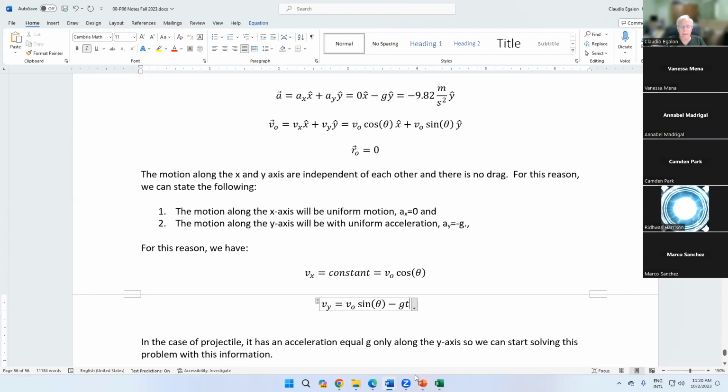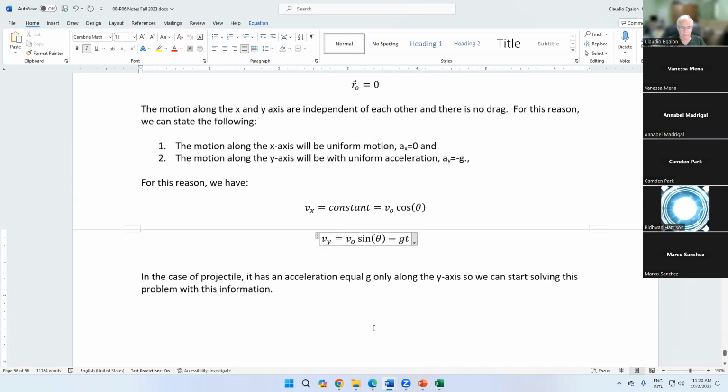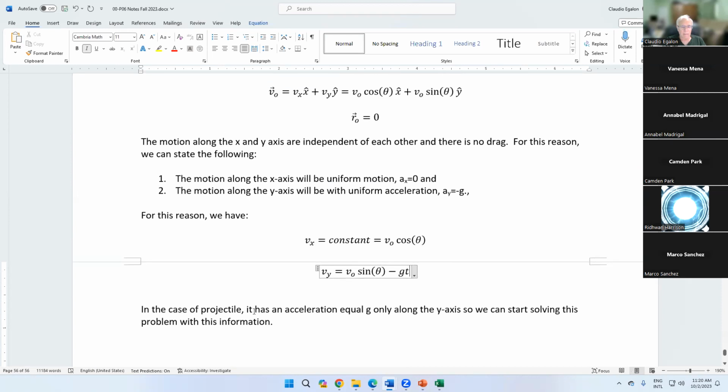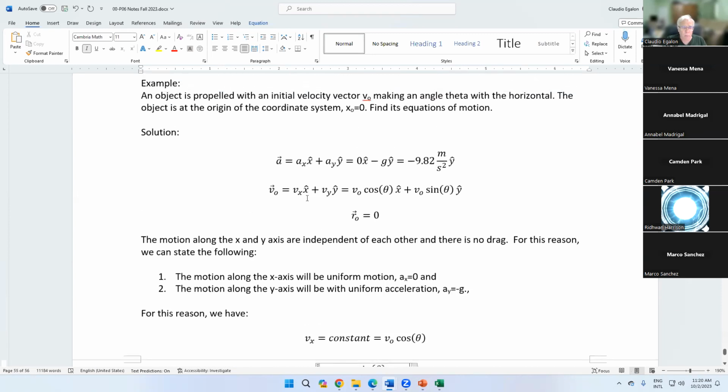So we're starting to get the equations of motion for the projectile.